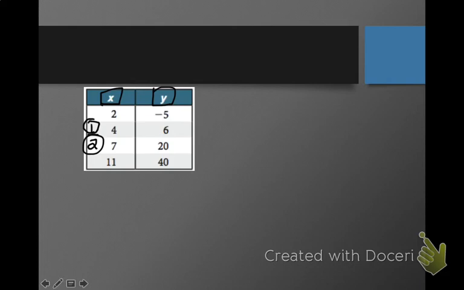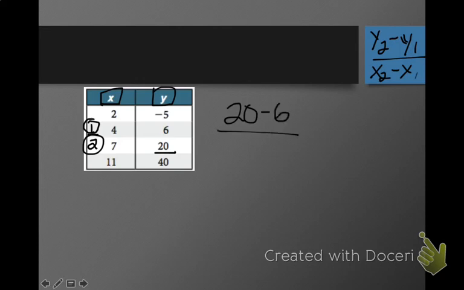So as I follow my formula here, y2 minus y1 over x2 minus x1. Well, y value from point number 2 is 20. Y value from number 1 is 6. X value from number 2 is 7.